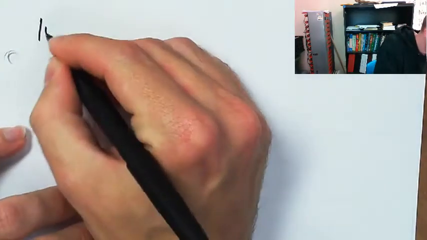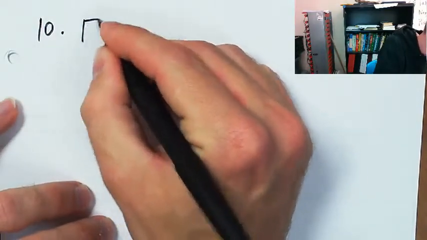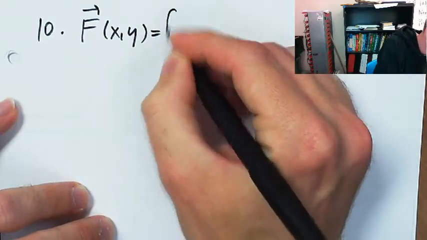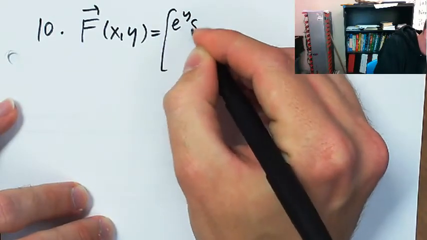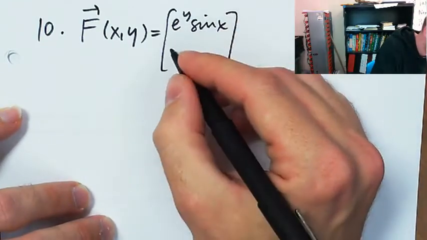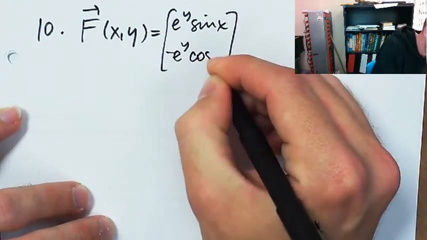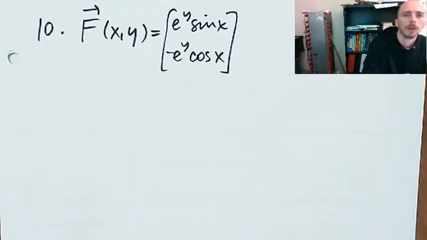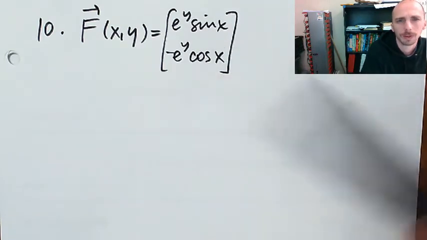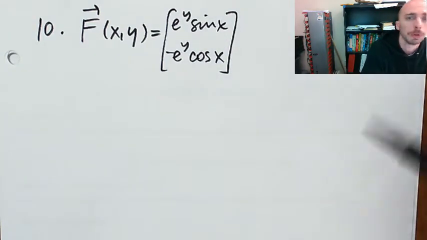And the last one is this one, e to the y sine x, negative e to the y cosine x. I'm not too good at this. You might be able to just look at this and figure out the potential function. If you can, then good for you.